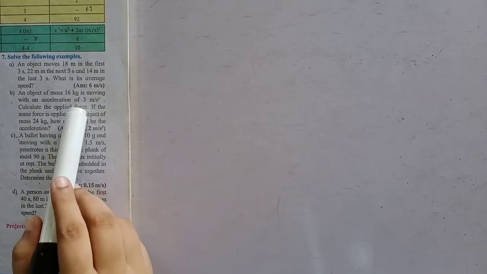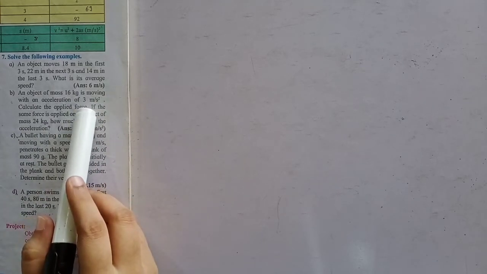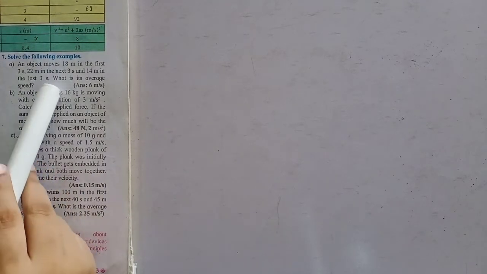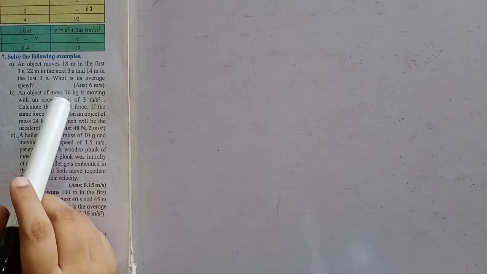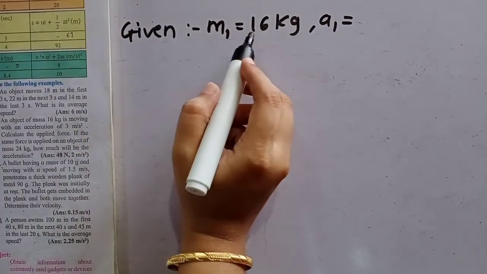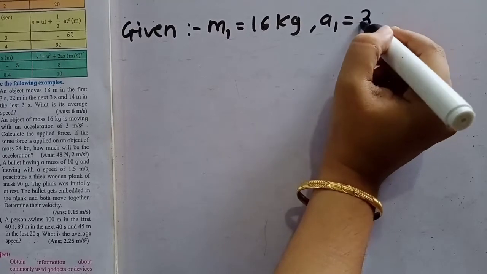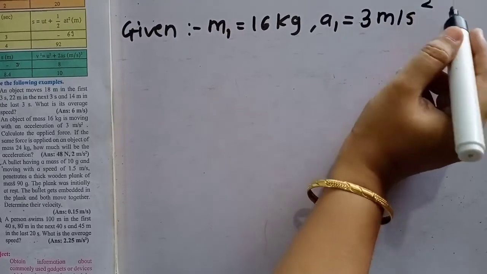They asked force. So what is the relation between mass and force and acceleration? You know the formula. F is equal to m into a. Yes or no? So you can calculate the force for first case, that is mass 1 into a1. Now what is given here? m1 is 16 kg. a1, acceleration for that object, is 3 meter per second square.